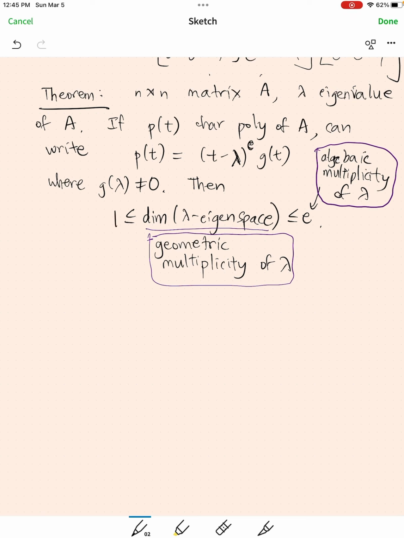This fact that it's greater than or equal to 1, that's not the main content of this theorem that I'm trying to explain. The main content is that the geometric multiplicity is less than or equal to the algebraic multiplicity. Okay.